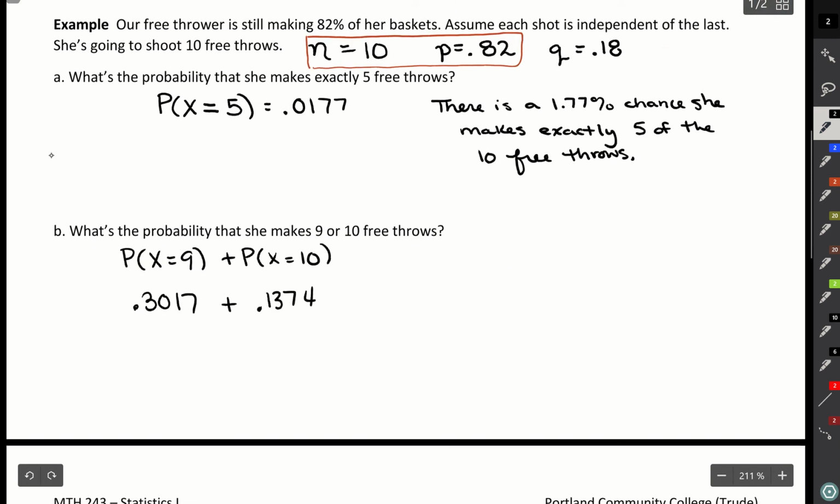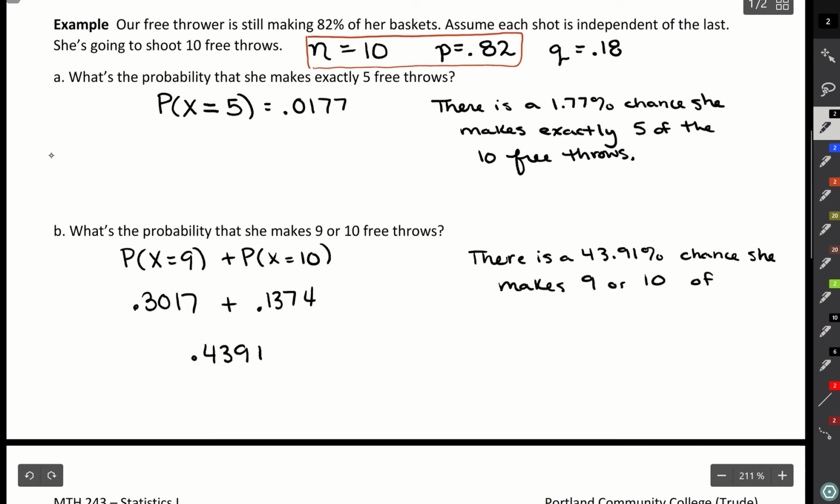Then we just add them, which would be 0.4391. So there is a 43.91% chance she makes 9 or 10 of the 10 free throws.